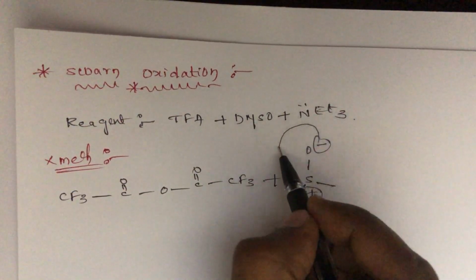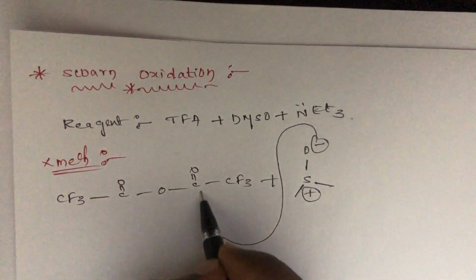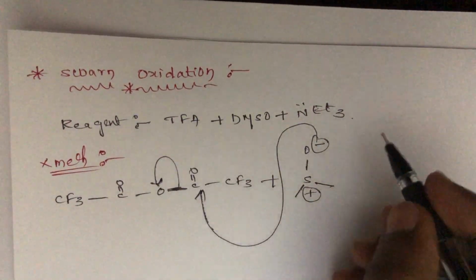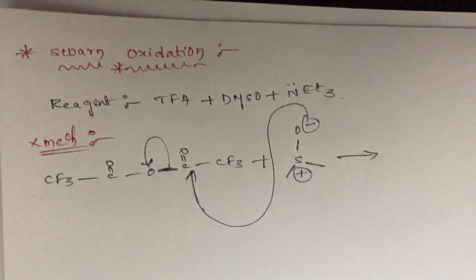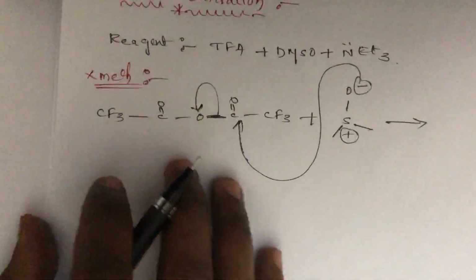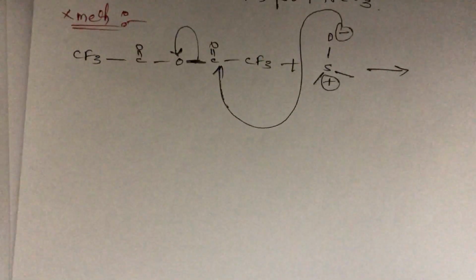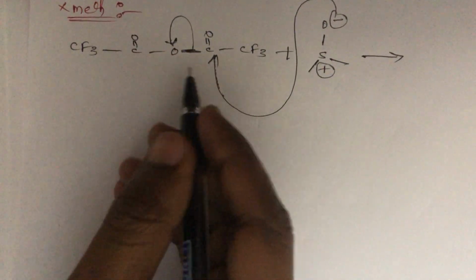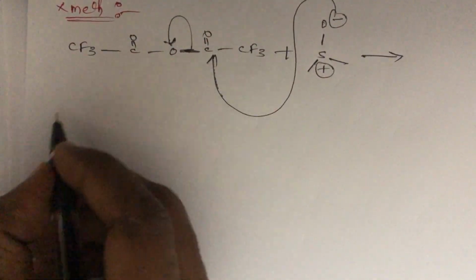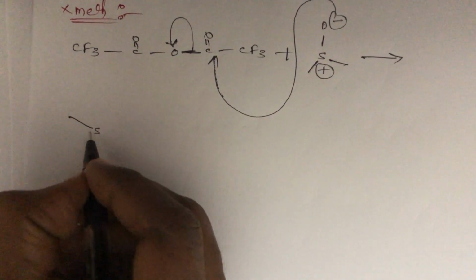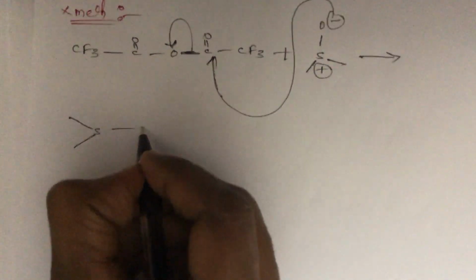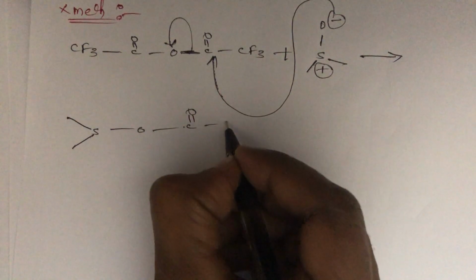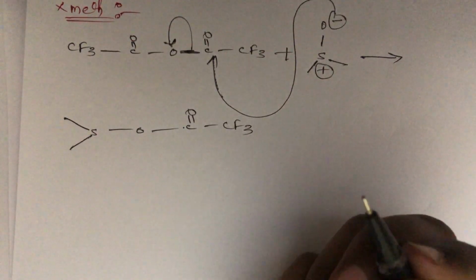So this nucleophile attacks this carbonyl center and this bond will migrate here. So you will get that product. This total bond will leave, right? So here O, and C double bond O, CF3, right?